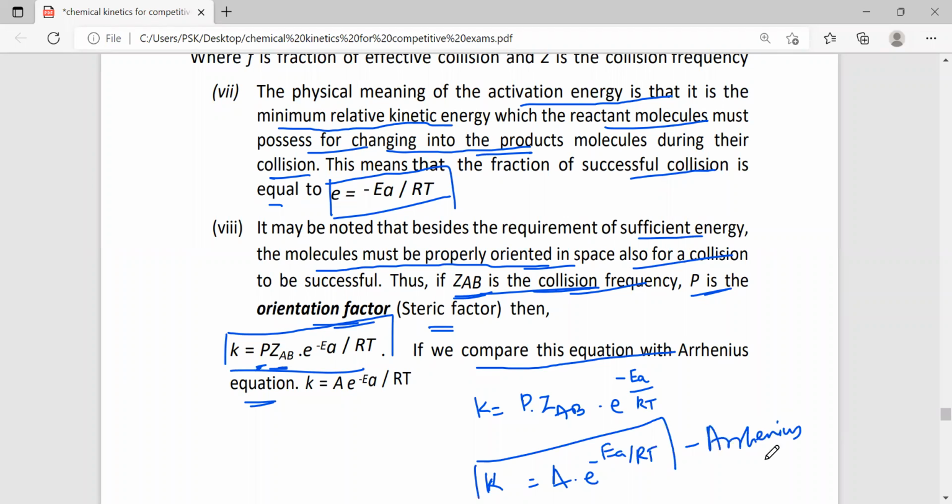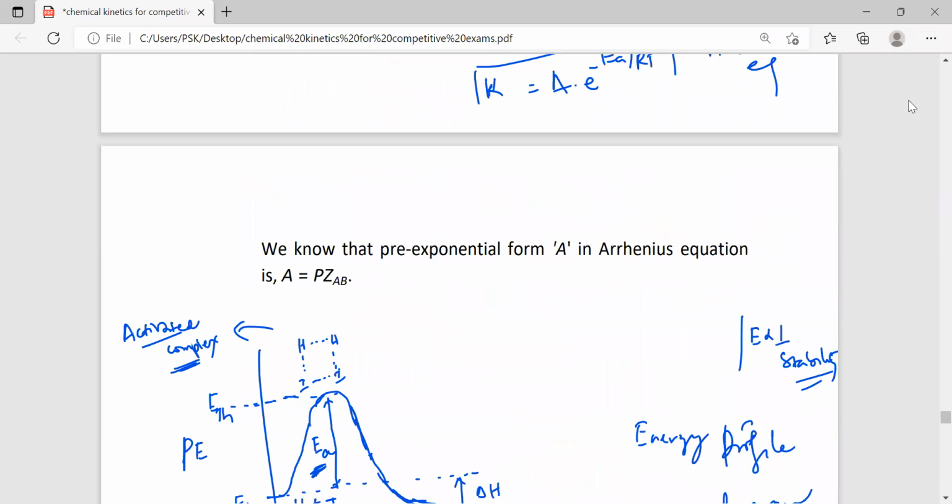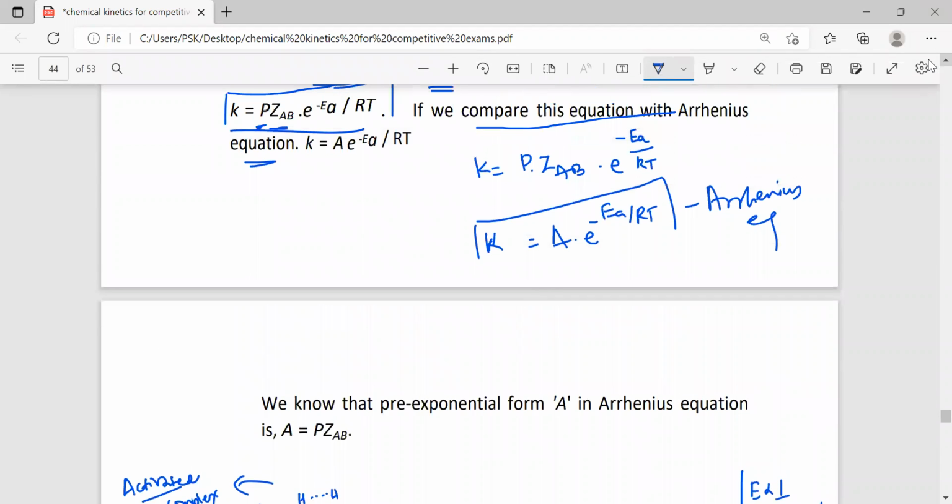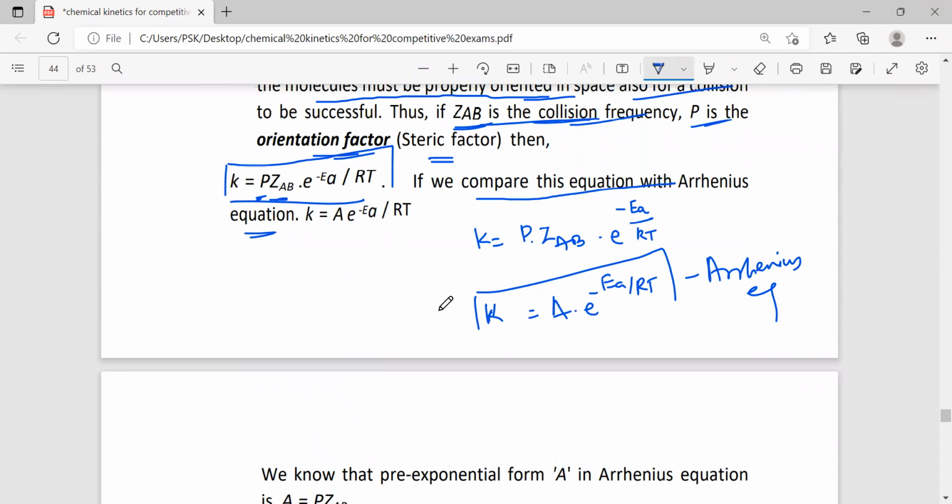They can ask you in your 12th standard: write the Arrhenius equation and explain the terms involved in it. The Arrhenius equation is given by k is equal to A into e to the power minus Ea by RT. What is this k? k is called the rate constant.